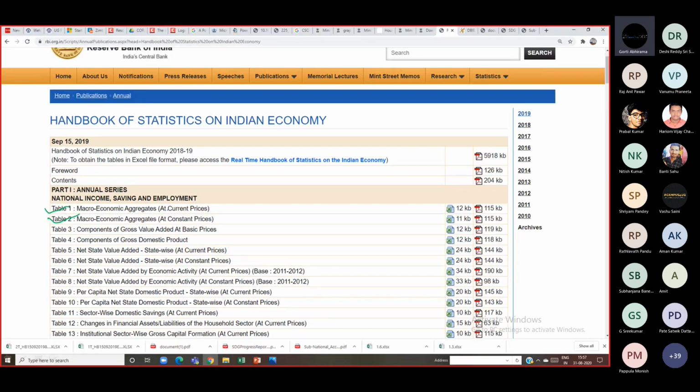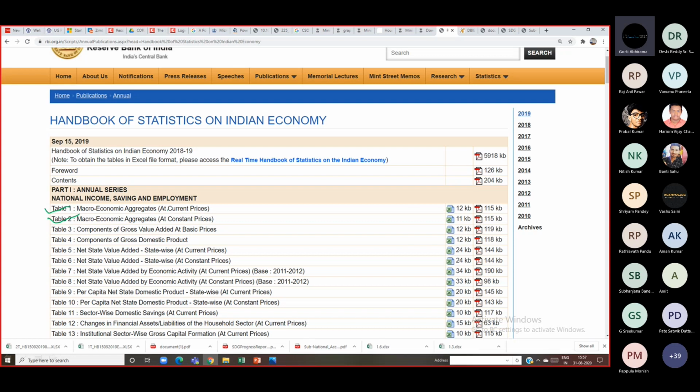So these are the sources from which we get some idea about the recent economic progress of India.